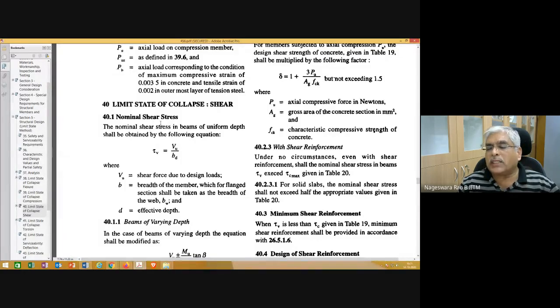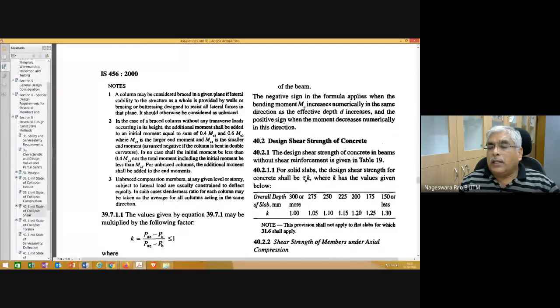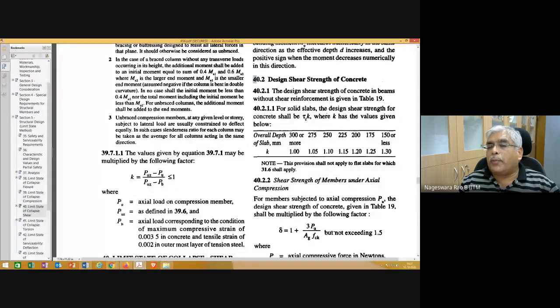And we'll see, that is all given in tables 19 and 20. Okay, and whatever I just mentioned is what is given in 40.2. Okay, I calculated the nominal shear stress. Now, what about the strength of the concrete?